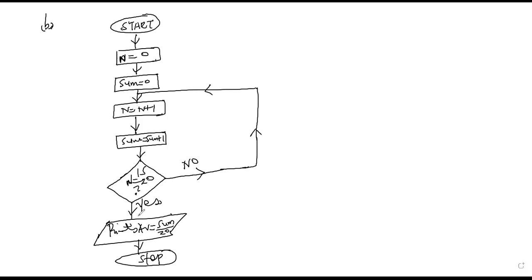Then if they say that you perform a dry run, they want us to perform a dry run for this, and then we'll find the average. It means that we are moving up to n equals 20.